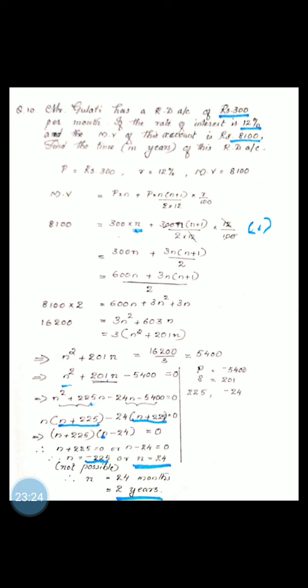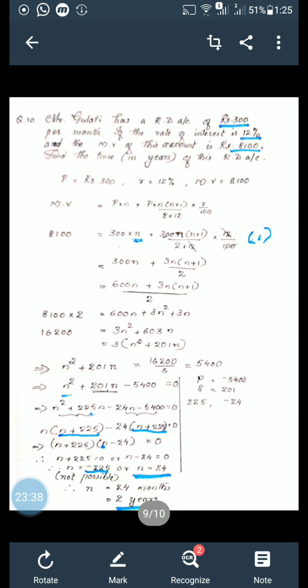You will get 8,100 into 2, which is equal to 600 into n plus, open that bracket, 3n square, 3 into n, that is 3n square plus 3n. So, the left side, 8,100 into 2, that is 16,200, which is equal to 600n plus 3n, that is 603n plus 3n square. Now you can take the common factor outside. 3 is common. Take it outside.